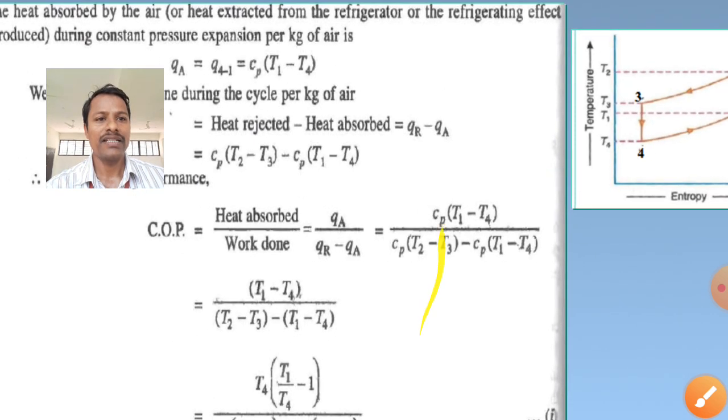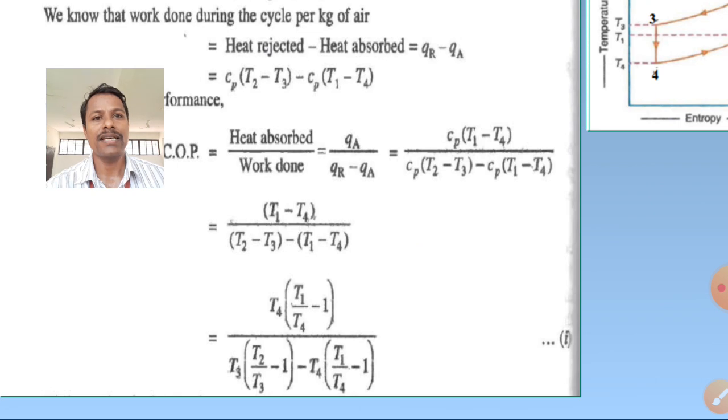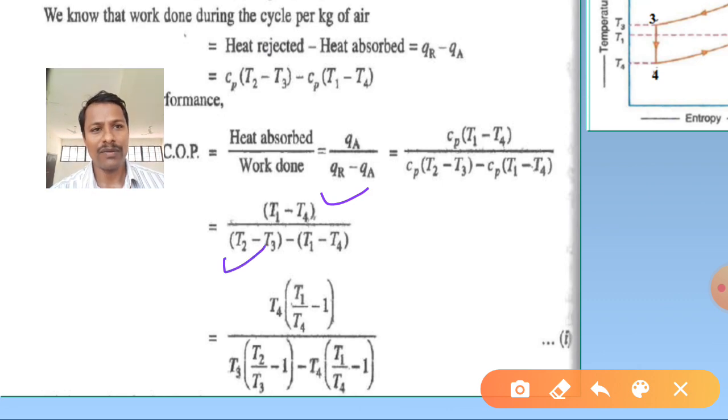After that, let us proceed with the mathematics and finalize the COP expression. Let me take T4 common from the numerator. If I take T4 common, it will be T1 upon T4 minus 1, into T4, divided by, let me take T3 common from the first bracket of the denominator.